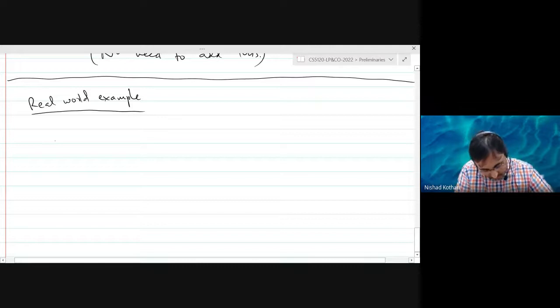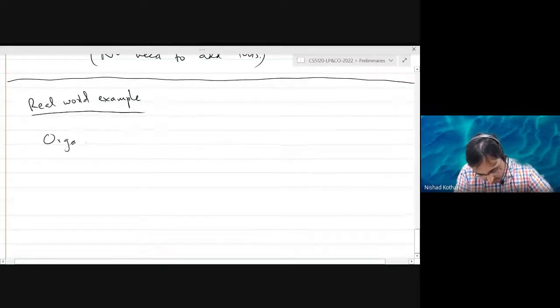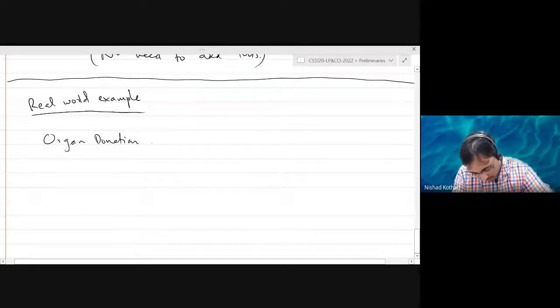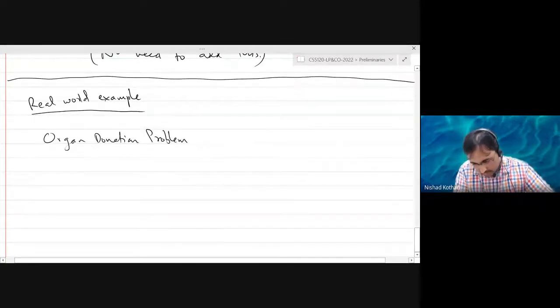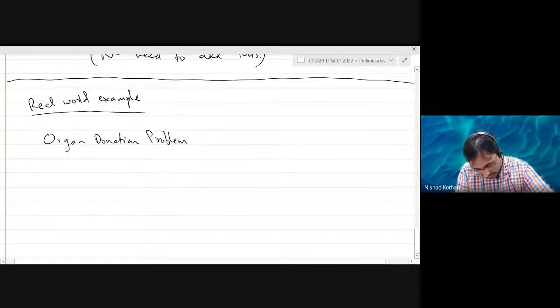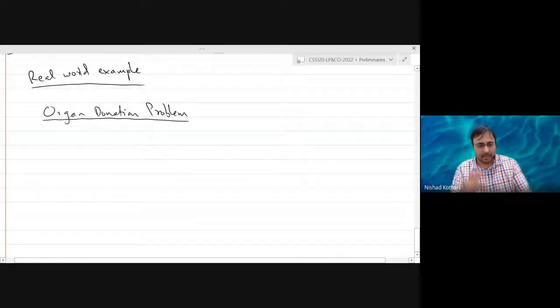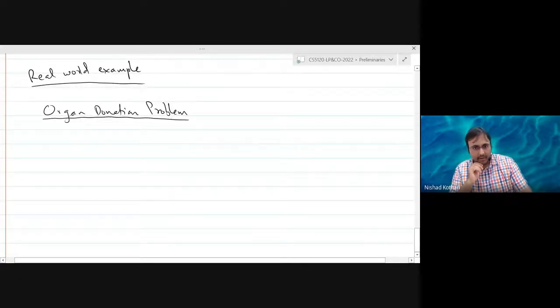Here is the organ donation problem, a simplified mathematical version of the problem. We are not going to get into biological and medical constraints and ethics, but just look at the core mathematical problem that is underlying this.